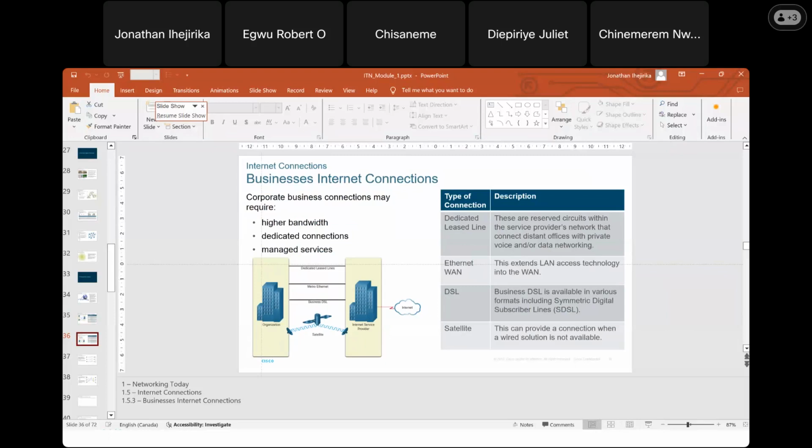which is the wide area network. Now this extends LAN across technology in the WAN. So what is LAN? LAN is the local area network. And because of this training, you will understand what the LAN is and also what the WAN is.